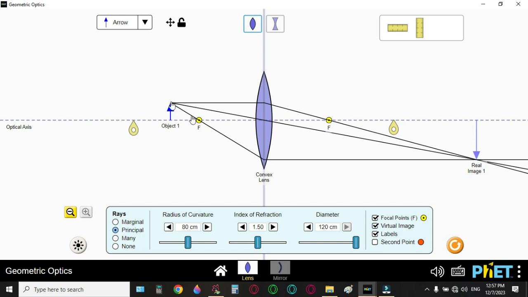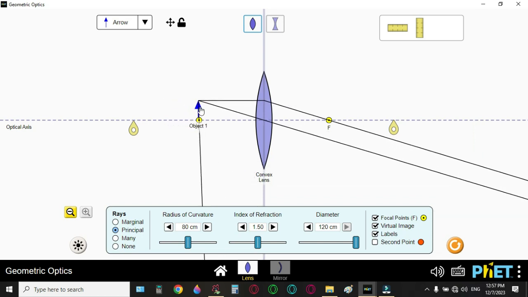And this is the third ray, drawn from the head of the arrow towards the focal point, and then refracting parallel to the optical axis towards the other side of the lens, and they meet up here. All three refracted rays intersect at this point where the head of the image is formed. So the image is enlarged, or bigger than the object, inverted, and real. Okay, next case.